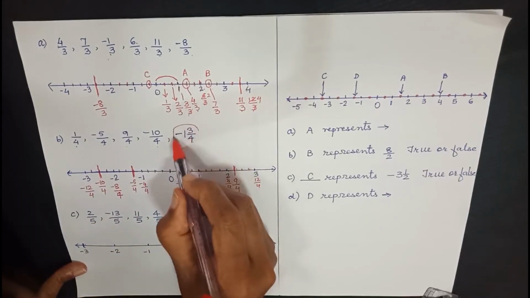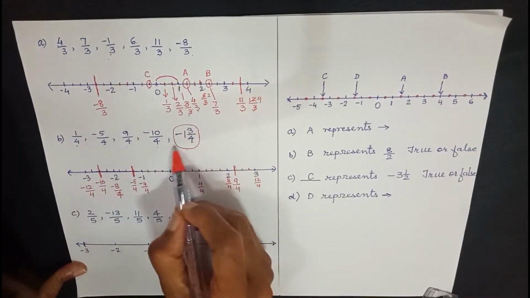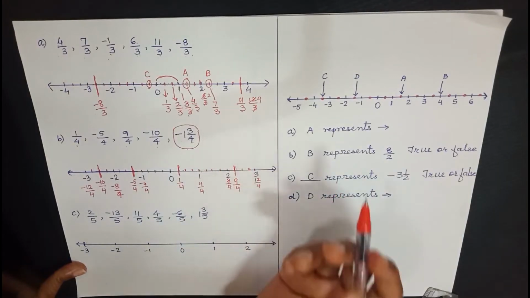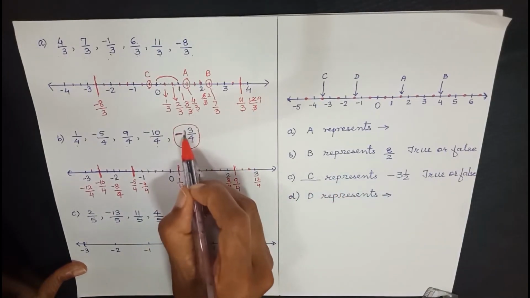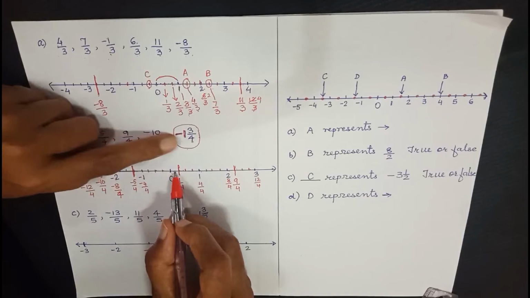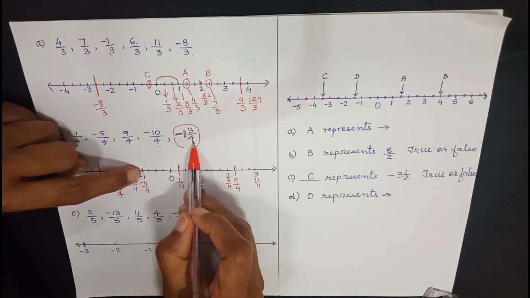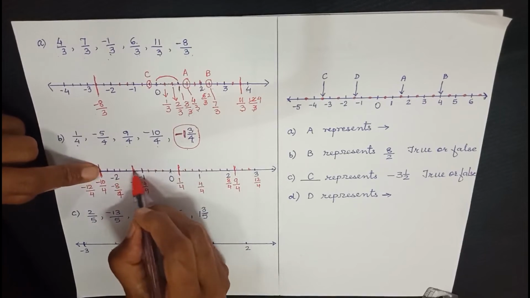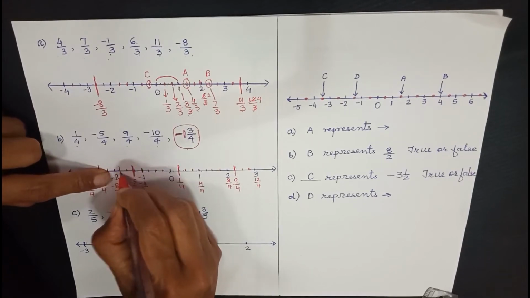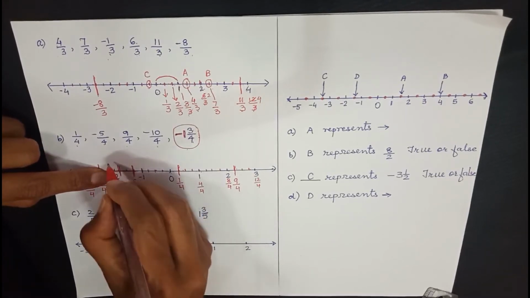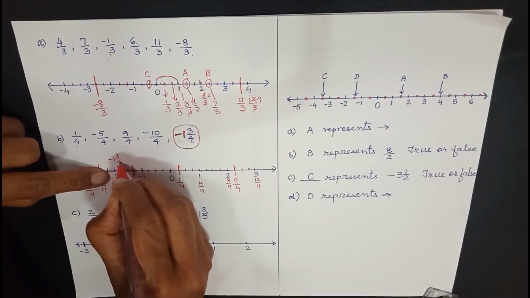Now if the numbers are given this way also, as mixed numbers, then also we can find out how to represent them. That means after minus 1. So first we go till minus 1, that is till here, and then 3 parts out of 4 beyond that. So 1, 2 and 3. So you can see 3 points after 1 will be minus 1, 3 upon 4.